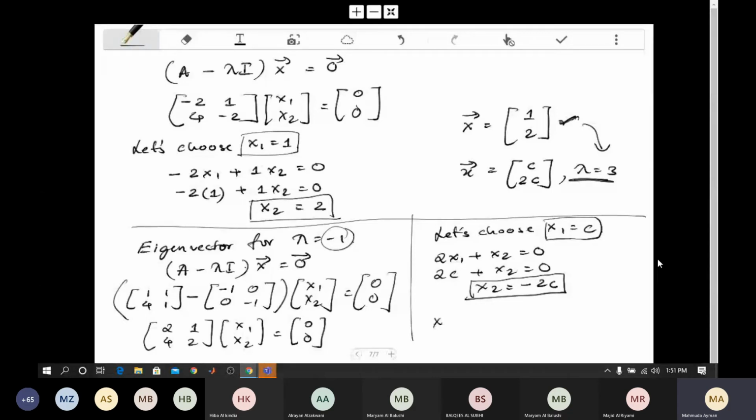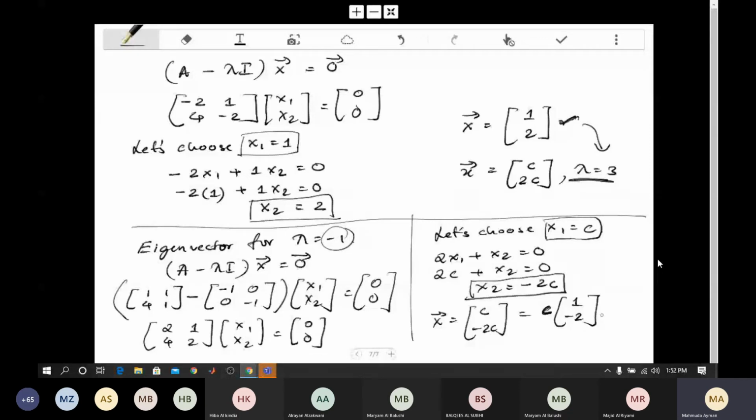So the eigenvector for us is c comma minus 2c. Now if we take a scalar multiple out of it, we take out the c here and we'll get 1 comma minus 2. Which means that if you multiply any constant to this vector 1 comma minus 2, it is still an eigenvector for lambda equal to 1.